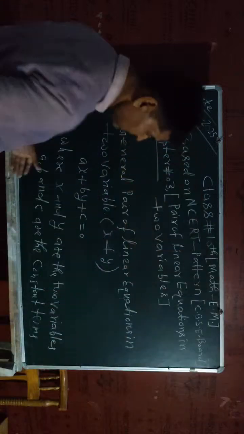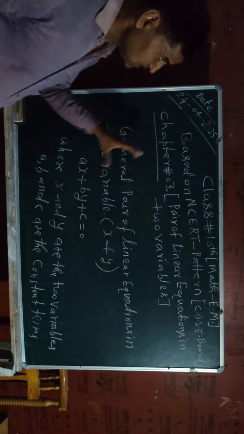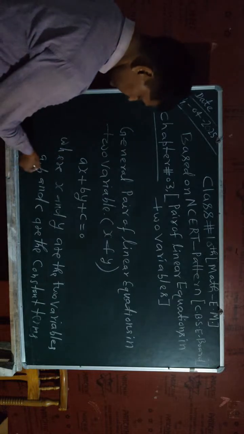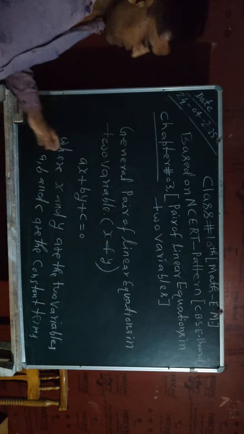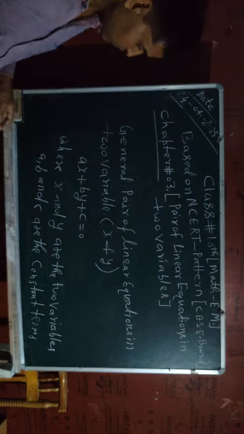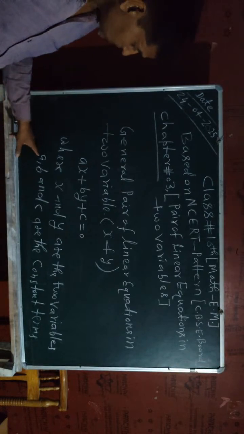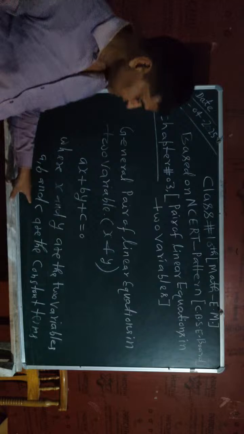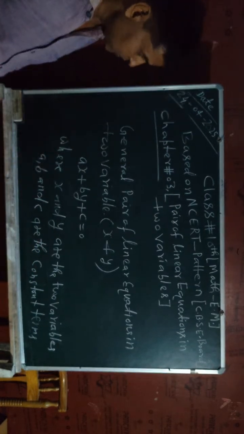Their values range from minus infinity to plus infinity, because I went to check whether my figure is coming there or not. So a, b and c are the constant terms, and their value will be from minus infinity to plus infinity.